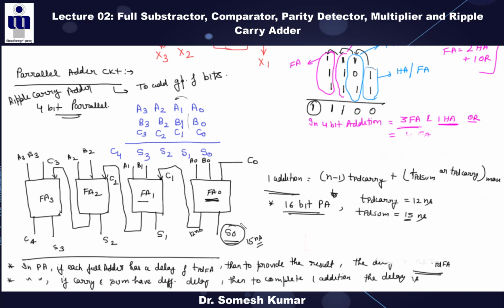Understand? If the opposite happens, for example if TPD carry is 15 nanoseconds and TPD sum is 12 nanoseconds, then what happens? After 12 nanoseconds the sum will be available, but the circuit has to wait an extra 3 nanoseconds, because if you do not get this carry, your next stage will not be completed.